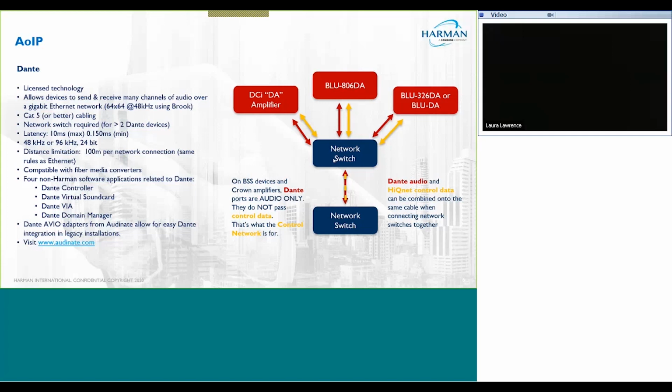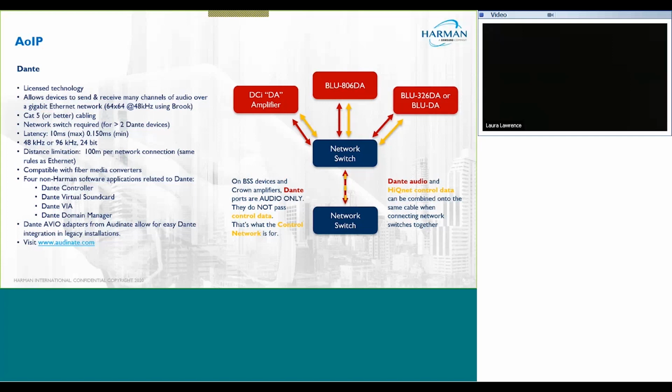Keep in mind, this is just 64 channels per, in our case here, per piece of Harman hardware. Whether that's Soundcraft or Studer or BSS or Crown, 64 channels is the maximum. So other devices have different channel counts.